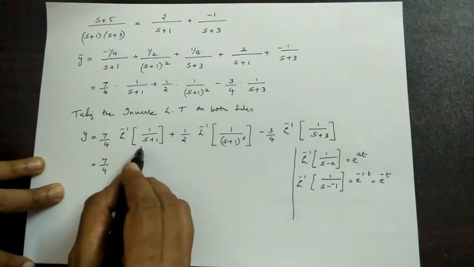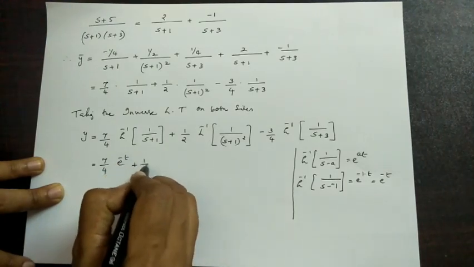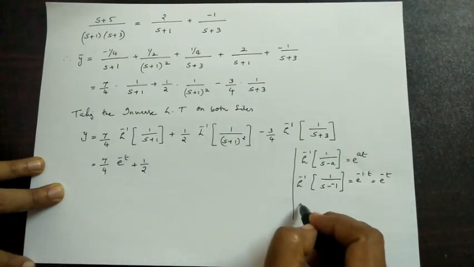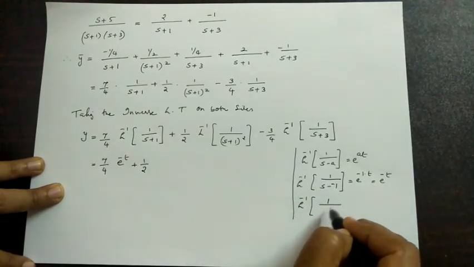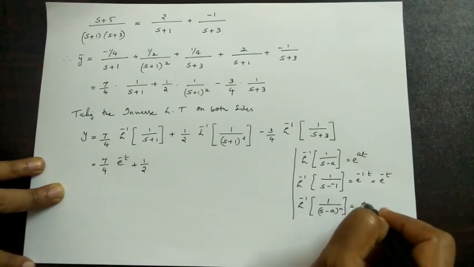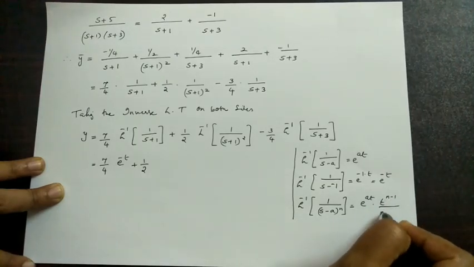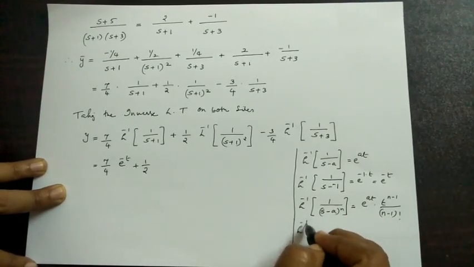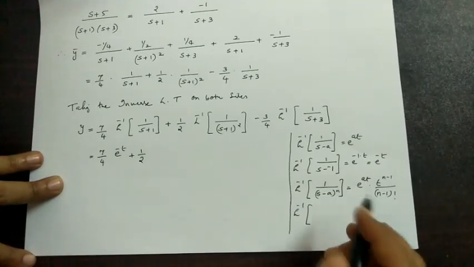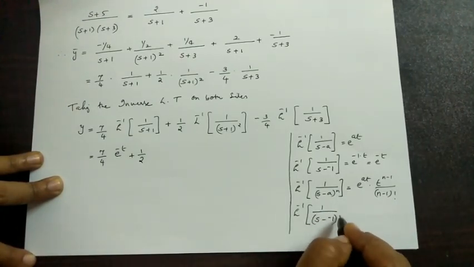So Laplace inverse of 1/(s+1) is e raised to minus t, plus 1/2 into Laplace inverse of 1/(s+1) the whole square. Here we can use the formula: 1/(s-a) the whole raised to n is equal to e raised to at into t raised to n minus 1 by (n minus 1) factorial. Here we have L inverse of 1/(s-(-1)) the whole square.